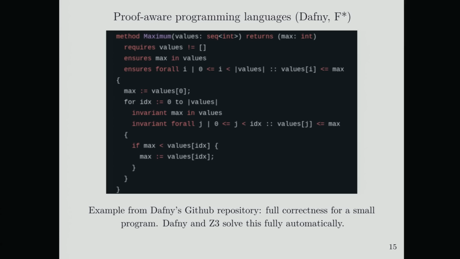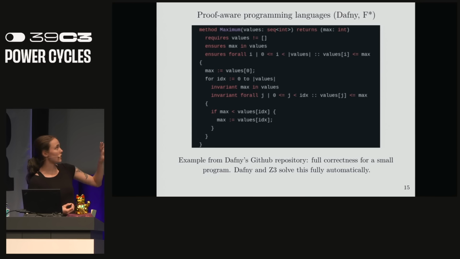Instead, we're going to talk about a full correctness condition for this function. This is a function that returns the maximum value from a list. It says, I'm returning a value max. Max is in the input list. And every single element of the input list is going to be at most max. So this is a full correctness statement for this function.